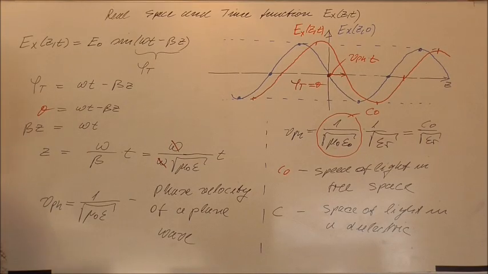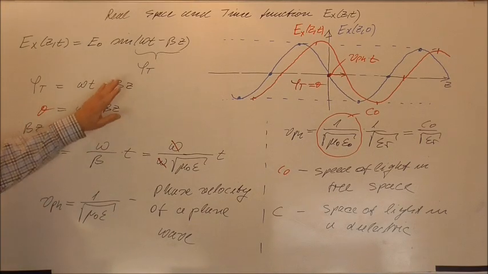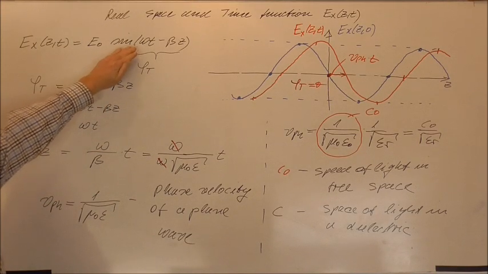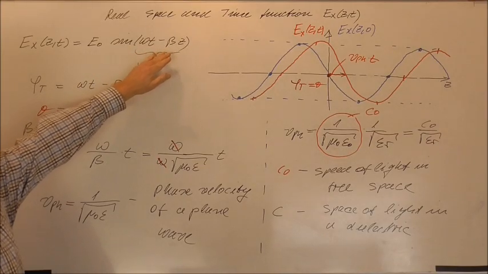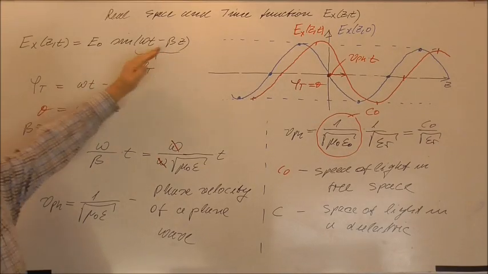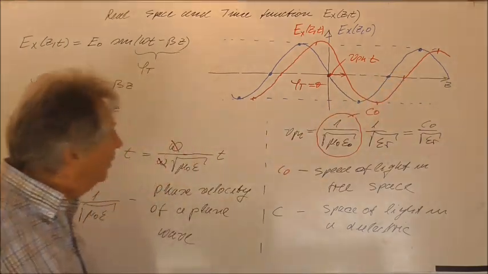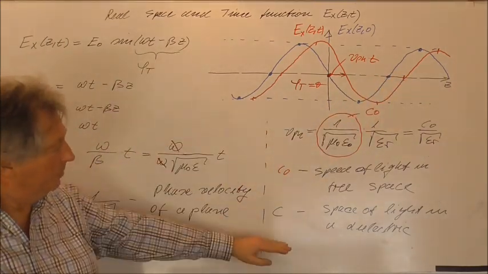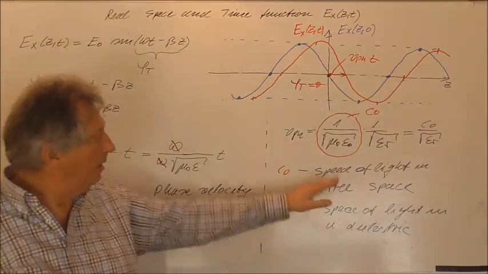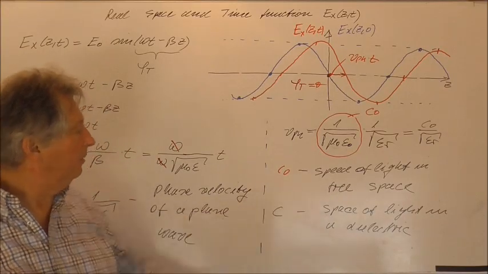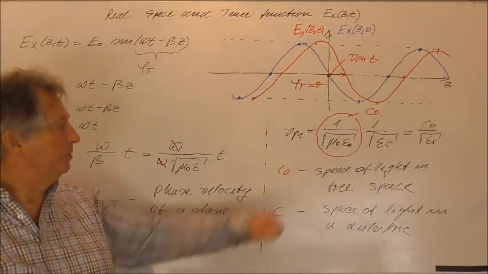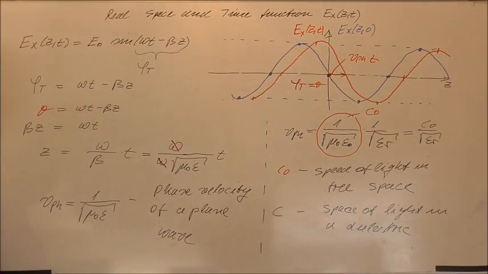We can conclude from this, if I have a function sin(omega t minus beta z), that this describes a wave traveling in the positive z direction with essentially the speed of light. If we have a dielectric, the speed of light is slightly reduced compared to the speed of light in free space.